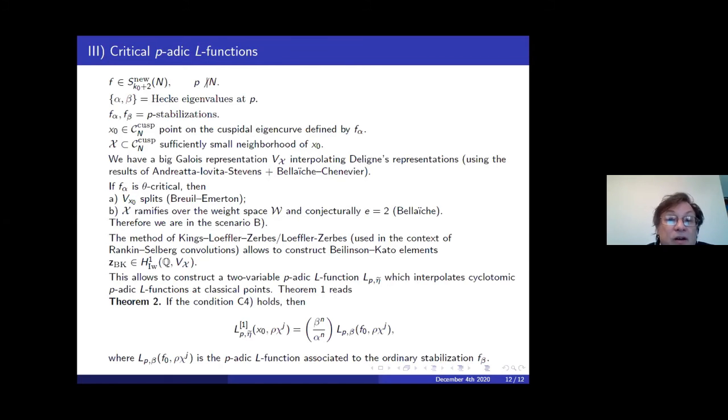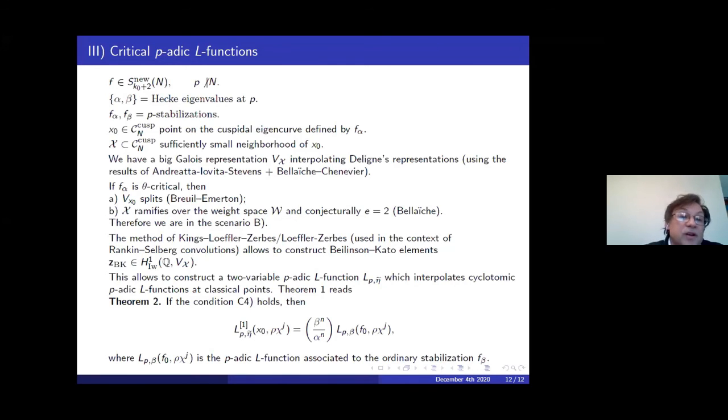We can and do use the results of Andreatta, Iovita, Stevens and the method of Bellaïche-Chenevier to construct this big Galois representation in the neighborhood of x0.